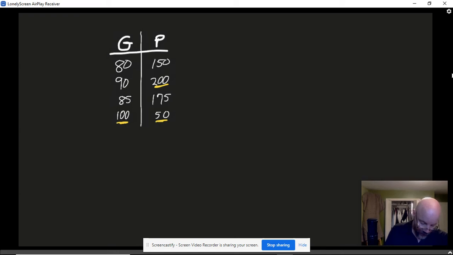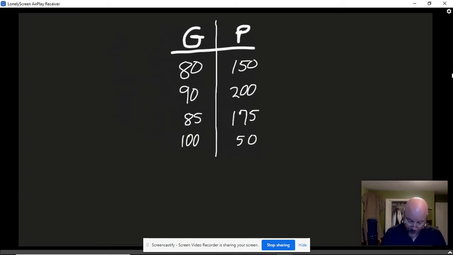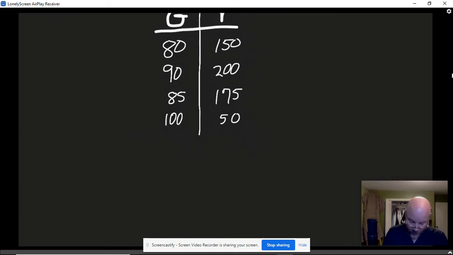So if we're going to properly get an average for these numbers, we're going to have to take 80 times 150 points. We're going to add that to 90 times 200 points, and keep going.